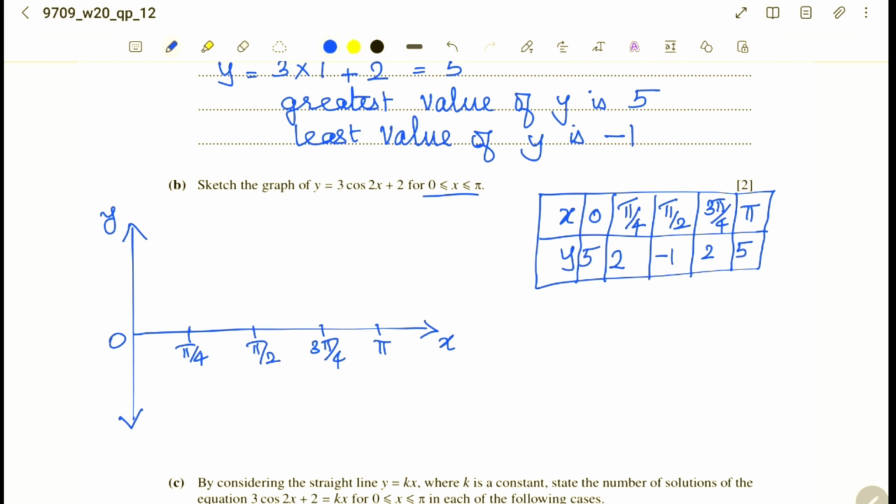So in y we have maximum up to 5: 1, 2, 3, 4, 5.